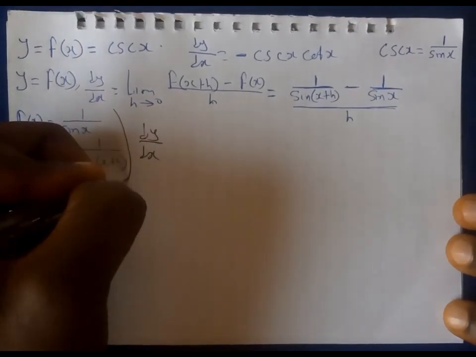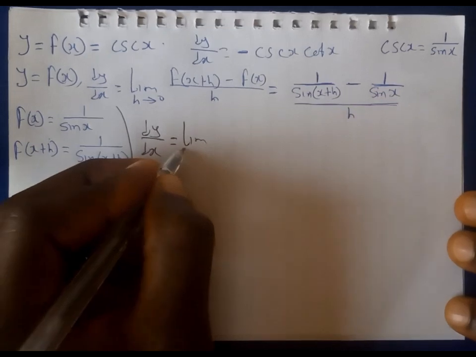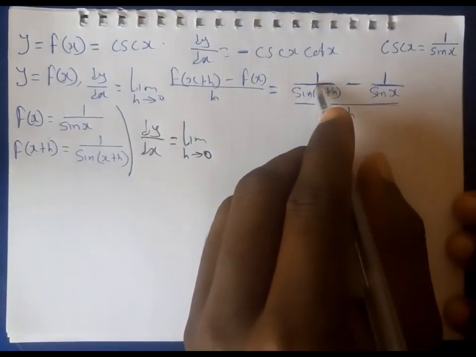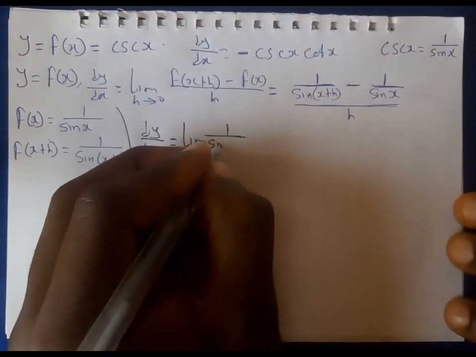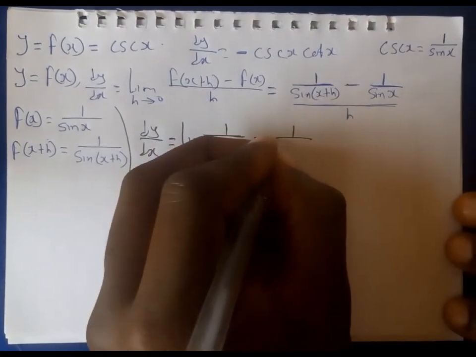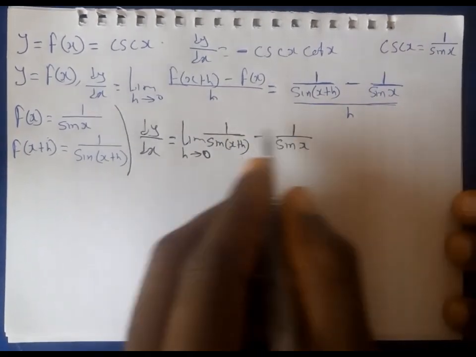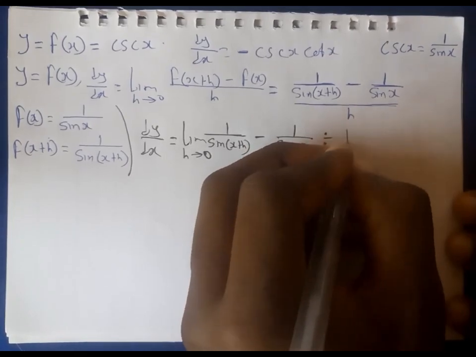equal to the limit as h approaches 0 of, I'm keeping this one, 1 over sine x plus h minus 1 over sine x. Now instead of this long division, let's use the regular one divided by h.